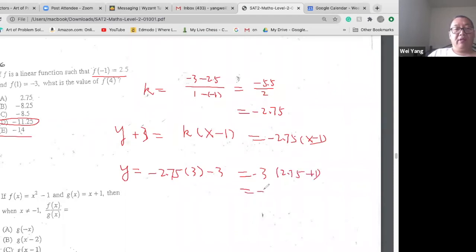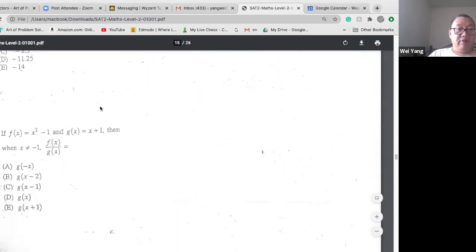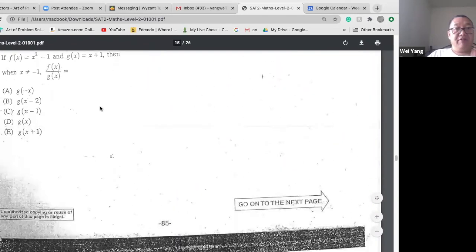That would be negative 3 times 3.75. This one looks like you're right. Yeah, you're right. This one equals negative 11.25. Good. Now let's see 27. What's your answer for 27?